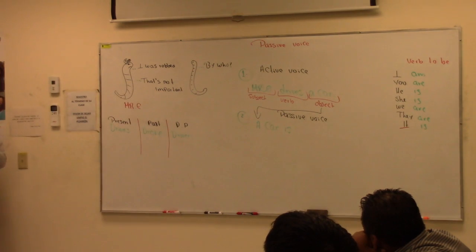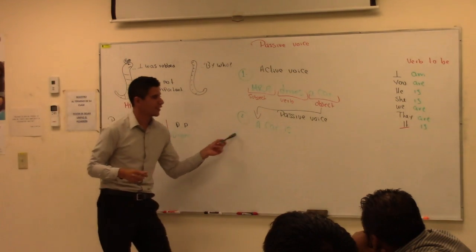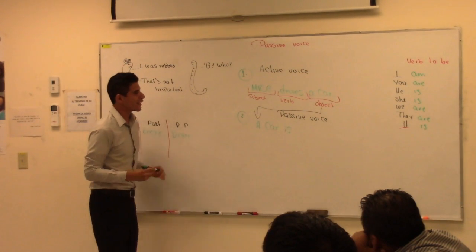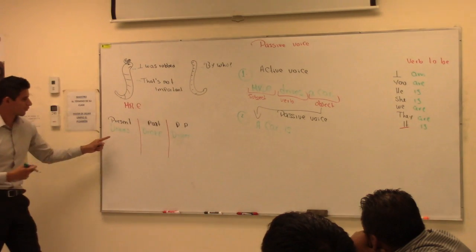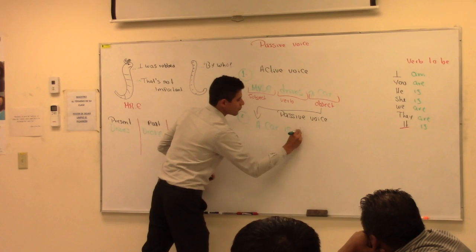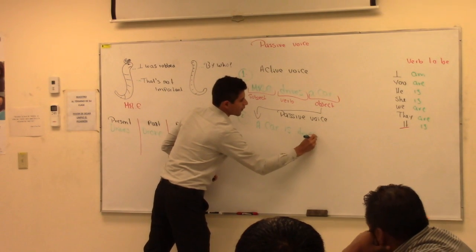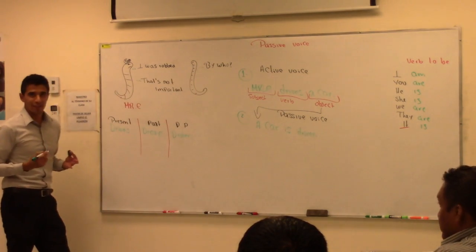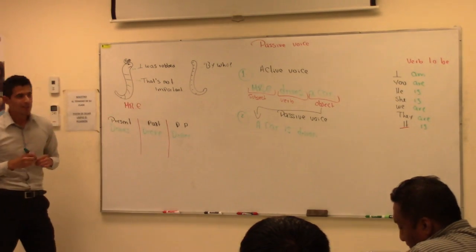Okay. So we're going to be using the past participle for the passive voice. So a car is what? Drives, drove, or driven? Driven. Okay, very good. Okay, a car is driven. So far, so good. All right.